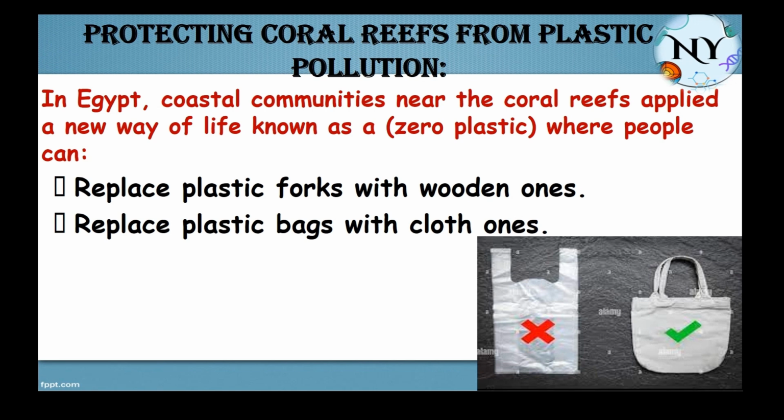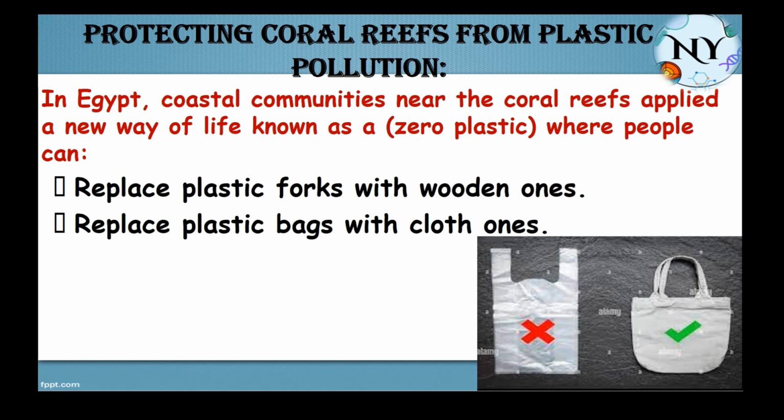Here we have to know how we can protect coral reefs from plastic pollution. In Egypt, coastal communities near the coral reefs applied a new way of life known as zero plastic. How can we apply this way? By replacing plastic forks with wooden ones.